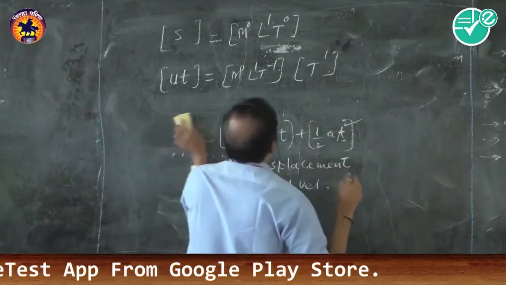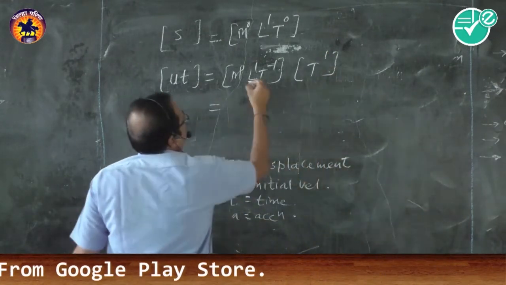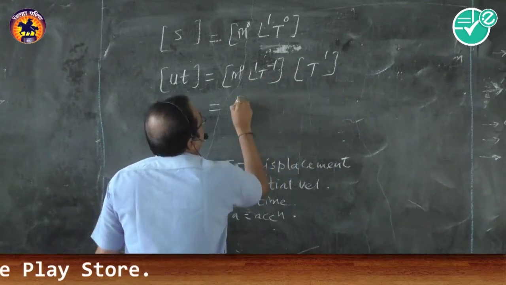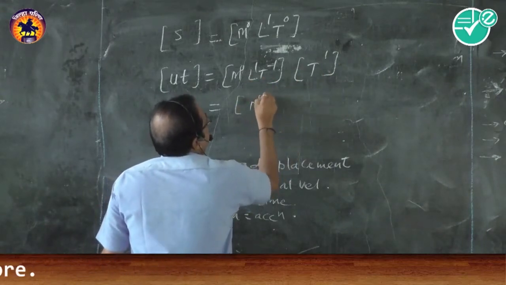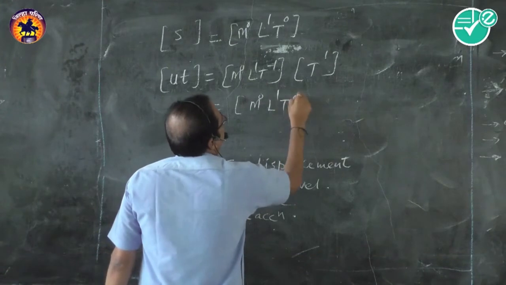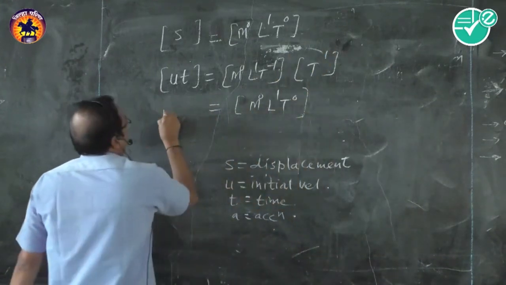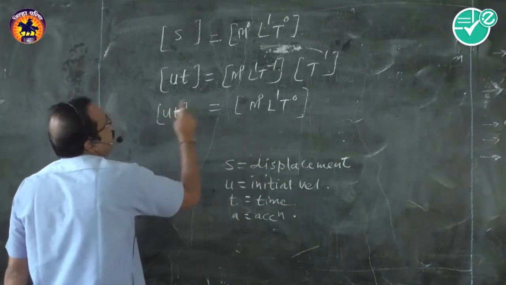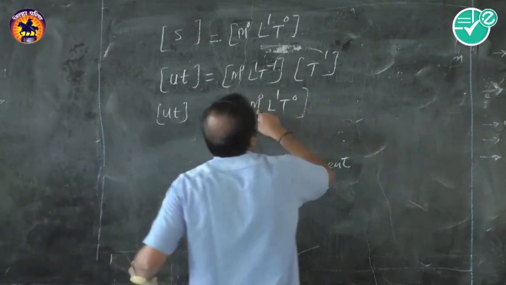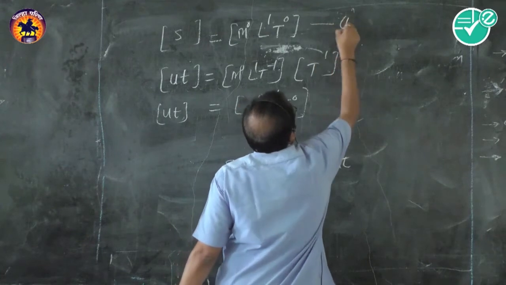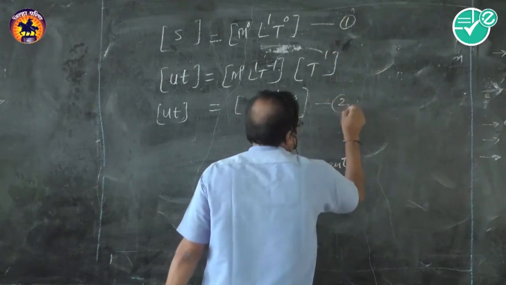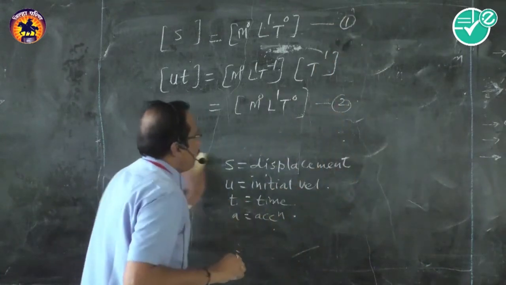According to the law of indices, the dimensions of ut are m0, l1 and t0, since minus 1 and 1 become 0. This is equation 1, and this is equation 2.